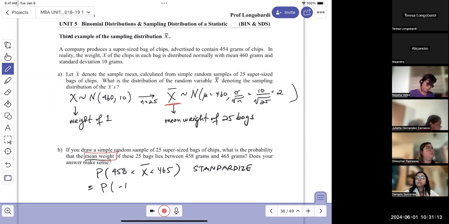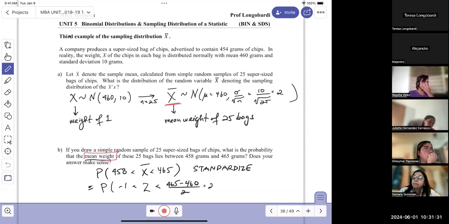Yep. So I did 465 minus 460 divided by 2, and that's going to be 2.5. Right. Very good.